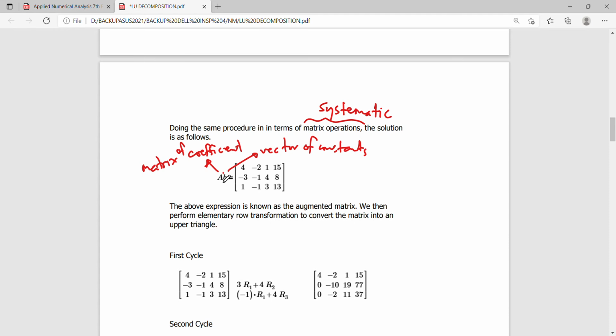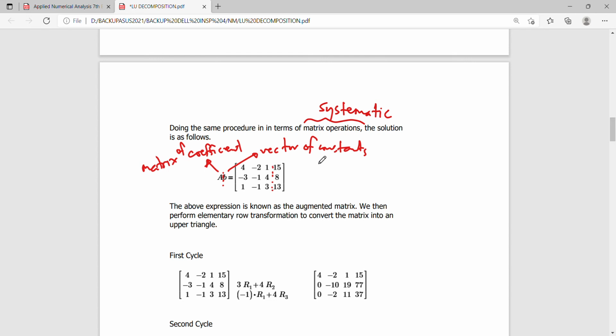We can make a vertical bar or a dash in order to separate the coefficient matrix from the vector of constants, or we can also ignore it, knowing that the last column simply augments the original matrix by the vector of constants.